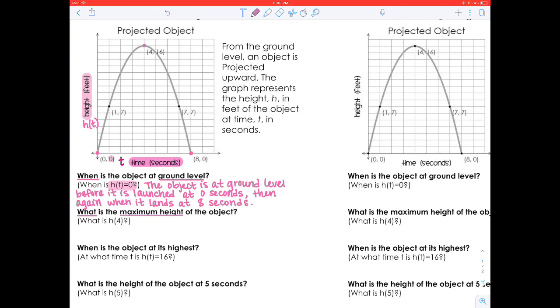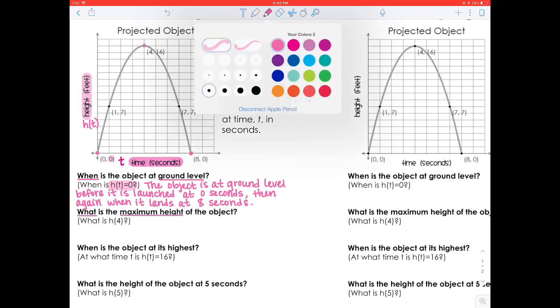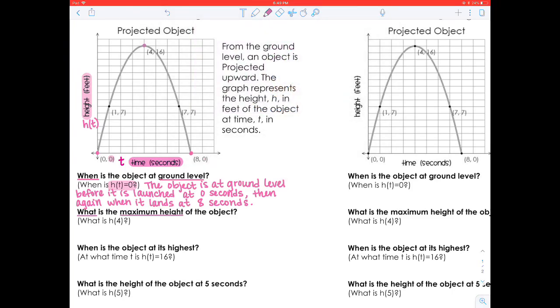So we need to be looking at what that h value is. That coordinate is labeled as (4, 16), but the 16 is the actual height there. So we could look at the y-axis, or we could just look at that y or h of t value of 16. So our object does not go any higher than 16 there.